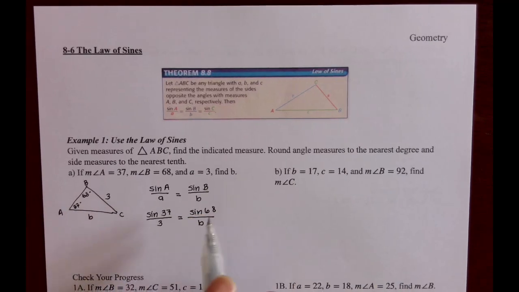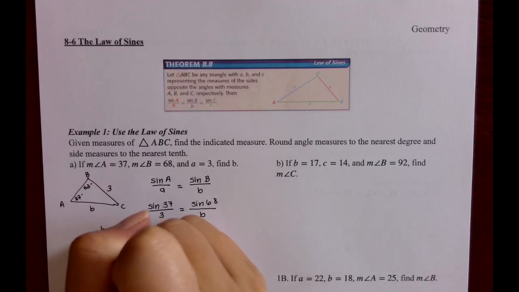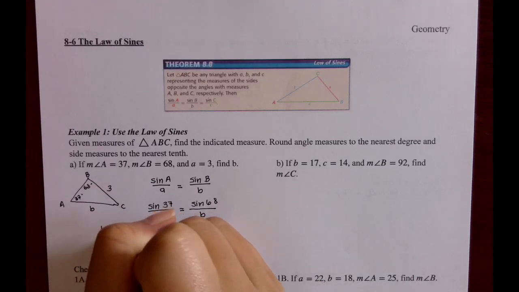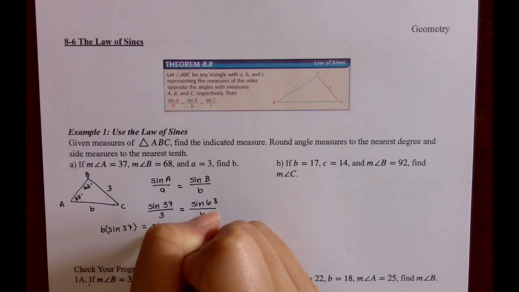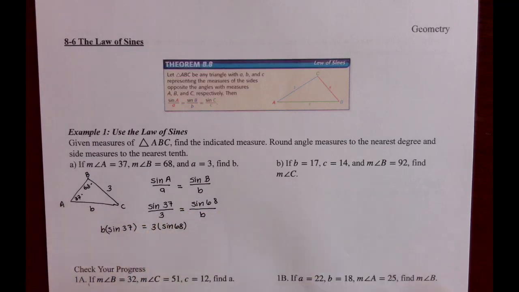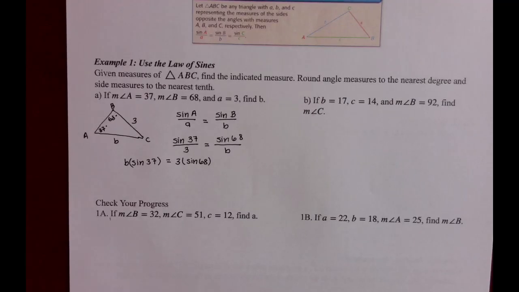Then we're going to cross multiply. So this becomes b sine 37 equals 3 times sine 68. Then I'm going to enter it all into the calculator at my last part.